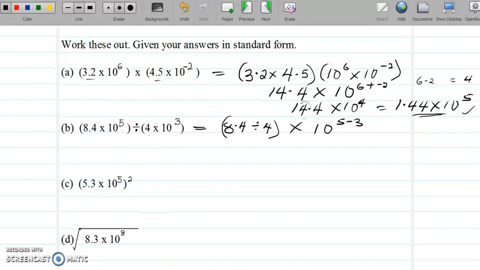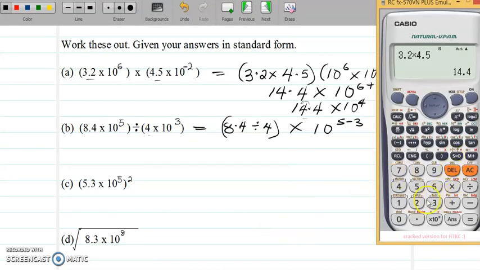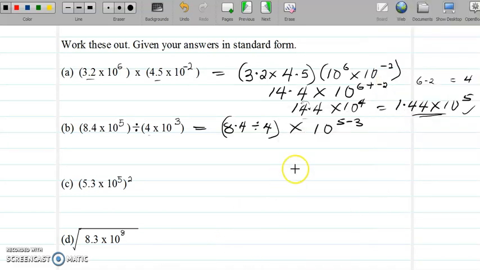So let's check: 8.4 divided by 4 is 2.1. So this gives me 2.1 times 10 raised to the power 5 minus 3, which is 2. Now this is also the answer.